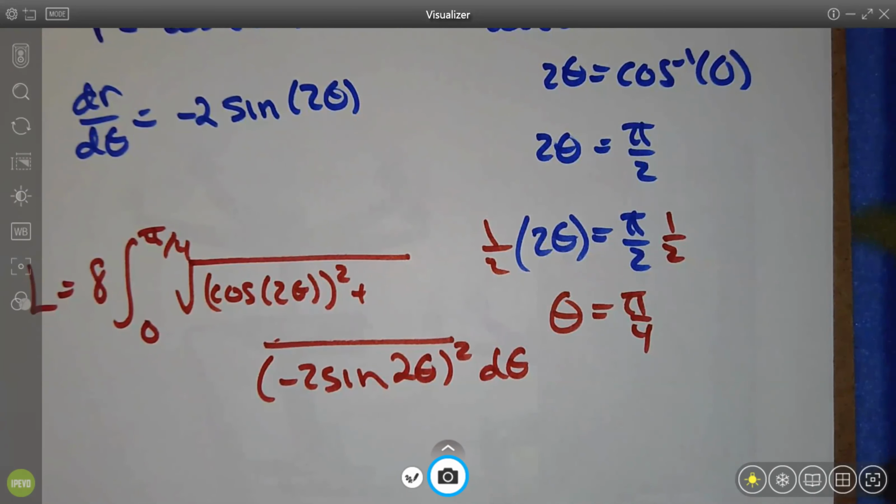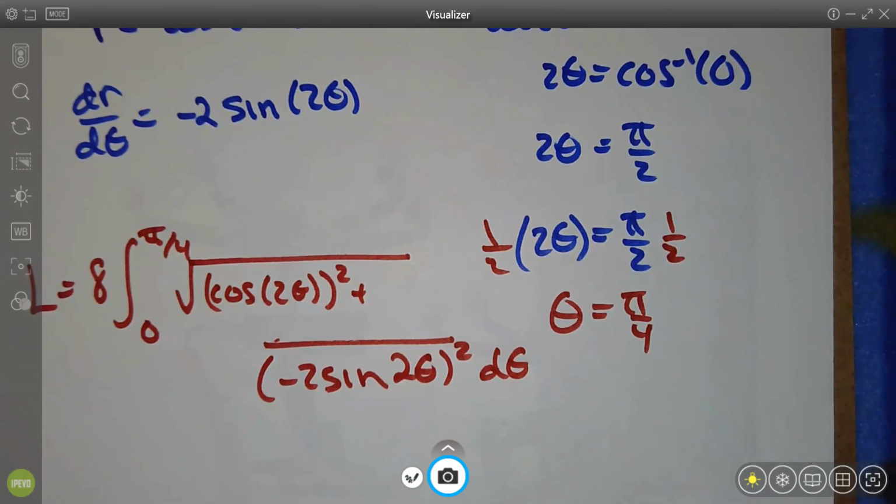Then hit the squared key plus left parenthesis, -2 sine of 2t. And I didn't really need to put in the negative. I did just because that's what we had written down.